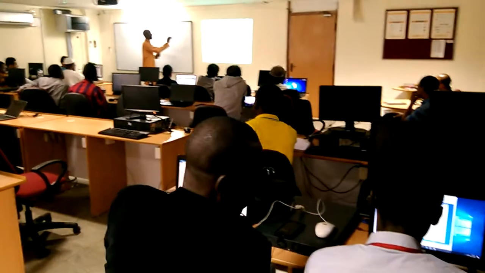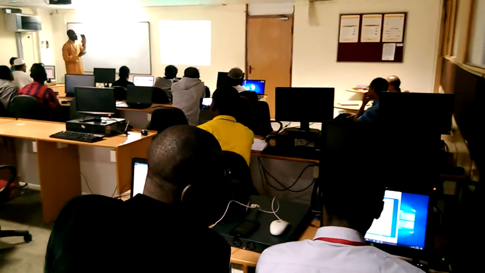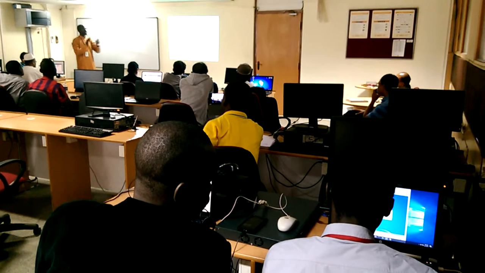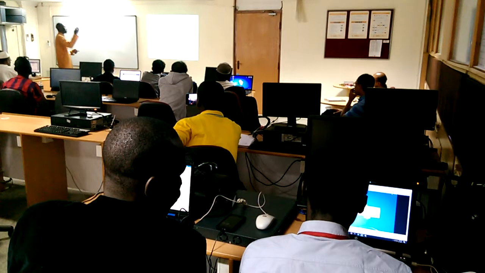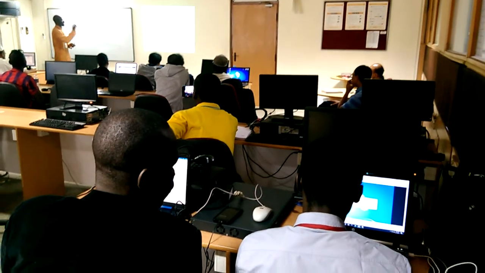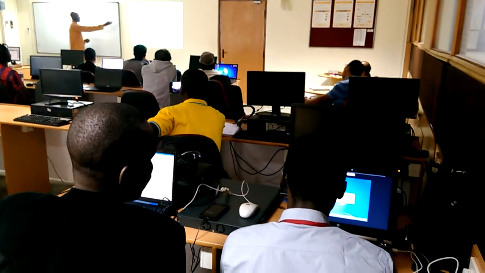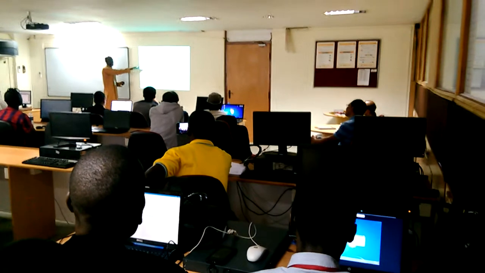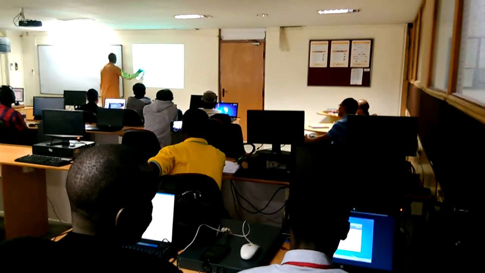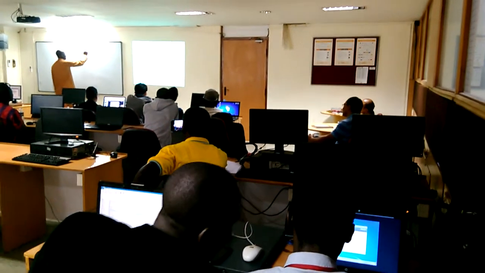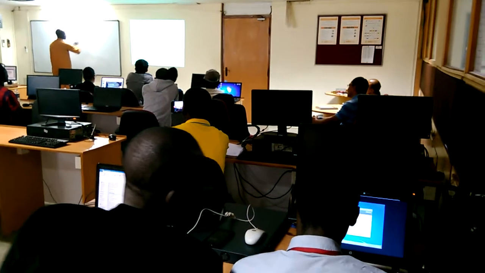Subnet bits start at the left and move to the right without skipping bits. If you skip bits, it's not good. So, class C subnet mask. Here we have the class C subnet mask. You should remember the last 8 bits.